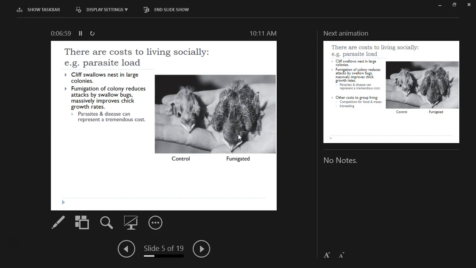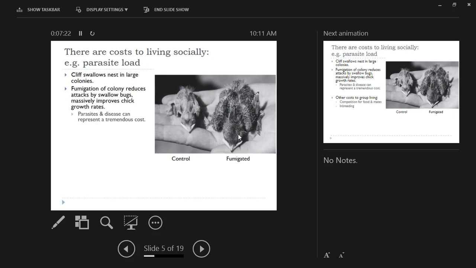So what you're seeing here are two chicks that are exactly the same age. This is your control chick, so nothing happened to it. This is a chick where they fumigated its nest site with anti-insect pesticides, and as a result, they killed all the swallow bugs.